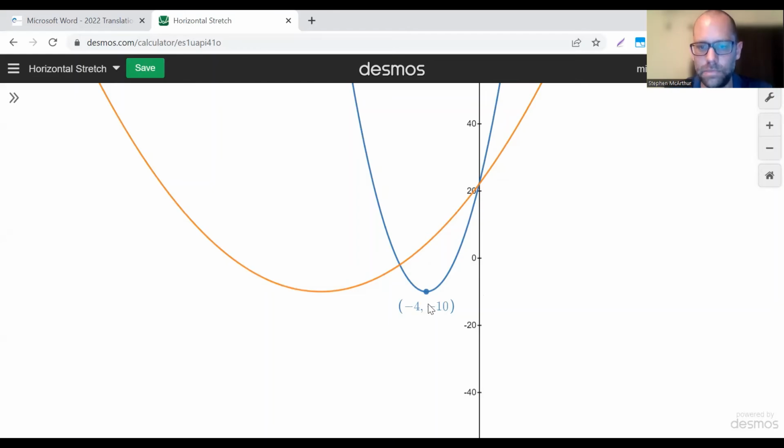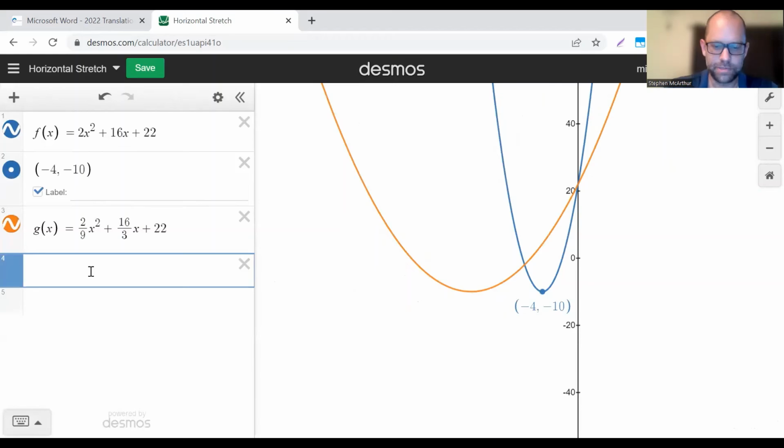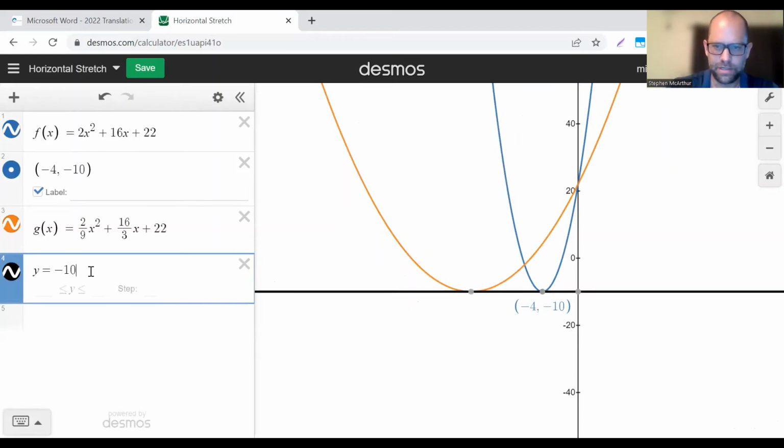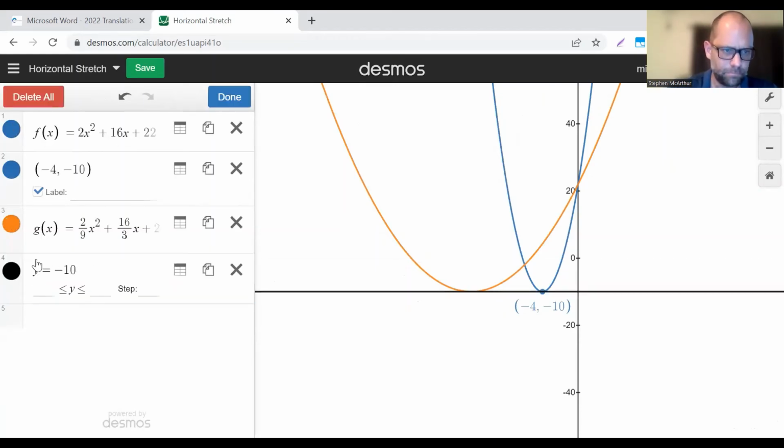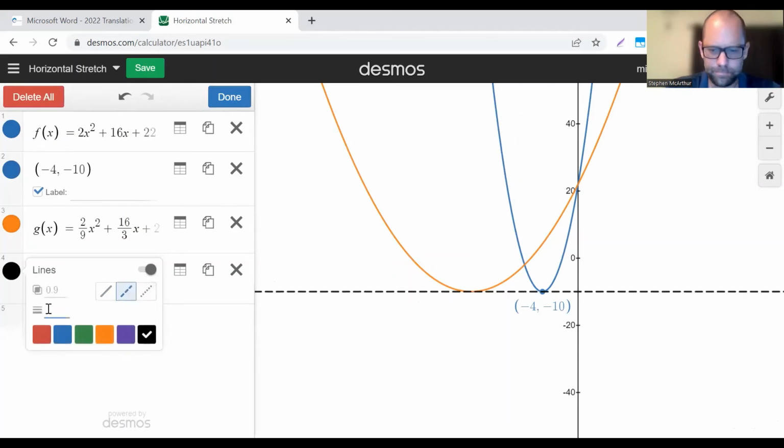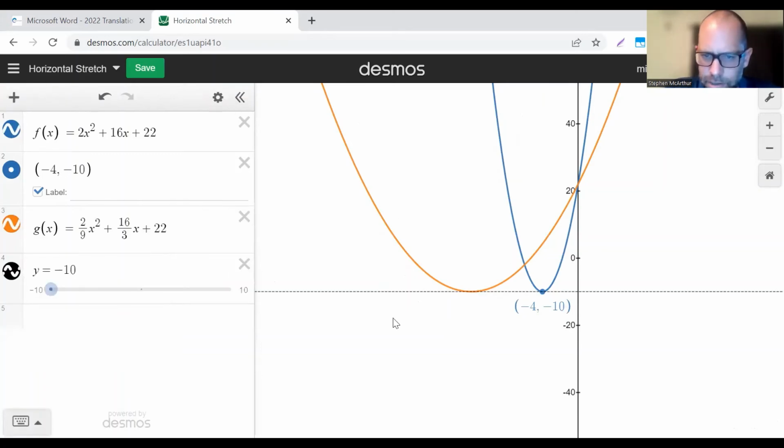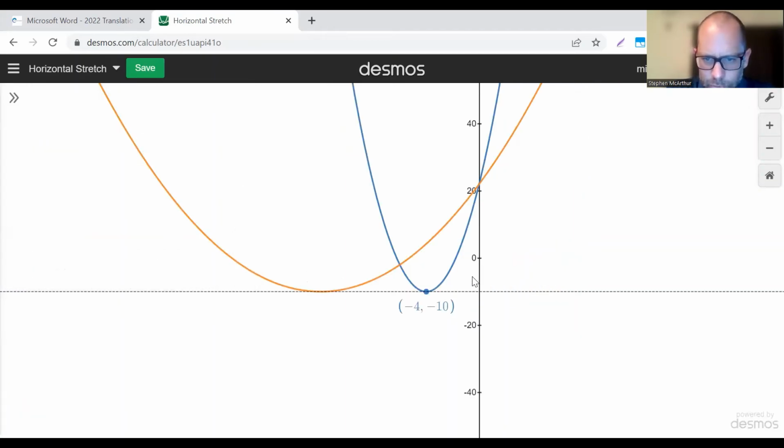-4, -10. It lines up. I can show you that it all lines up with y equals -10. It's all lining up here. So this is the line of y is equal to -10 just here. So you can see it lines up with y equals -10. But what we want to know is how far away this point here is.